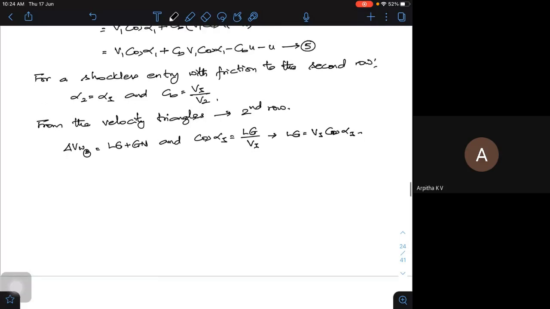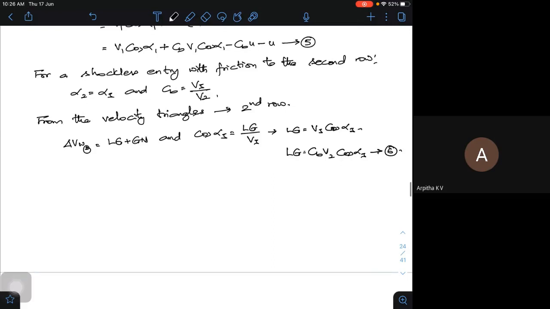And one more thing, if you go back and see, what is your V3? V3 is equal to CB into V2. So therefore, I can write your LG is equal to CB into V2 into cos alpha 3. Let me call this equation number 6.